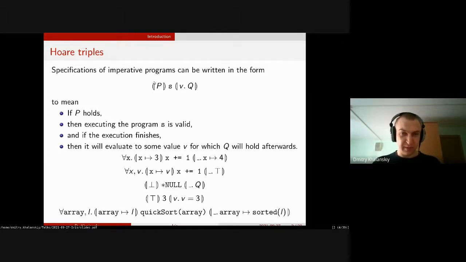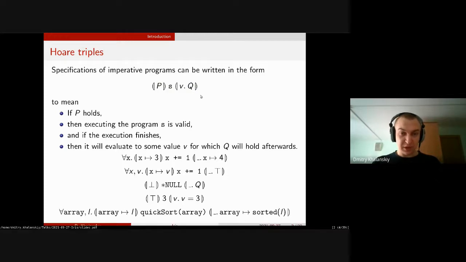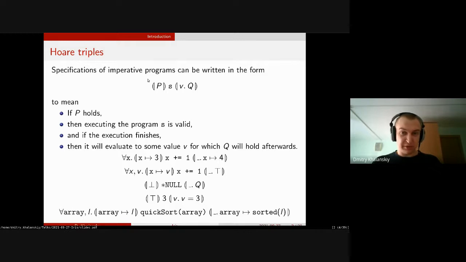Just note that we'll be using this syntax, and that the Hoare triples we are dealing with don't claim that the execution will eventually finish.